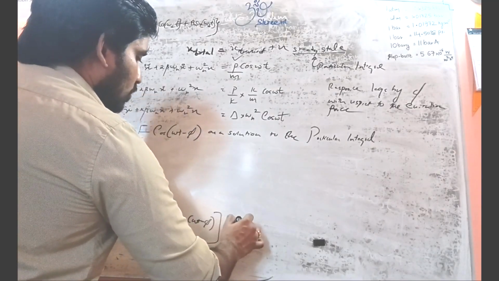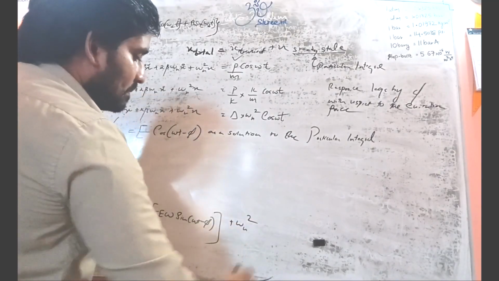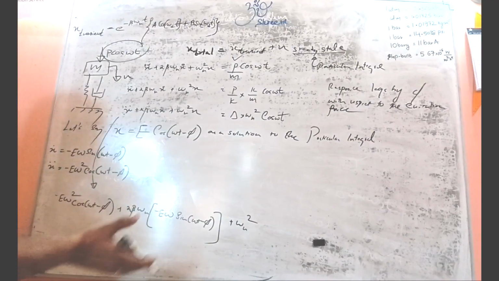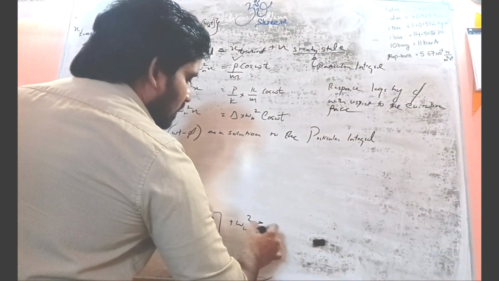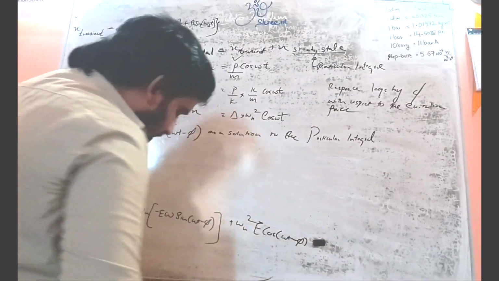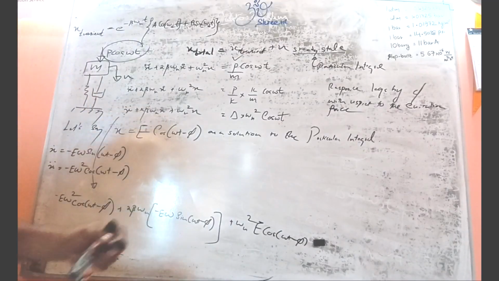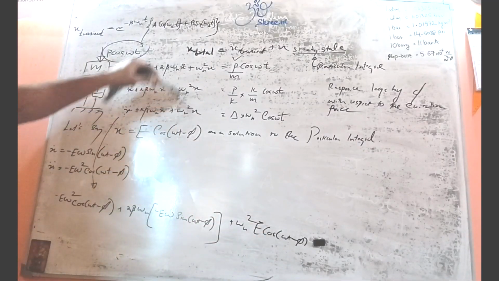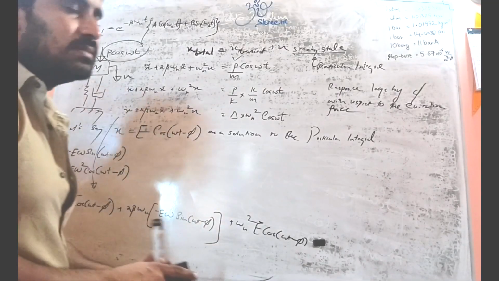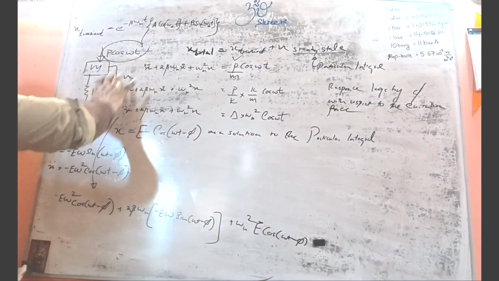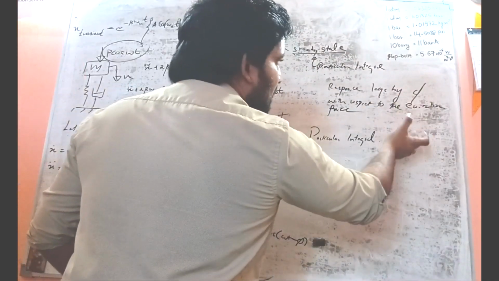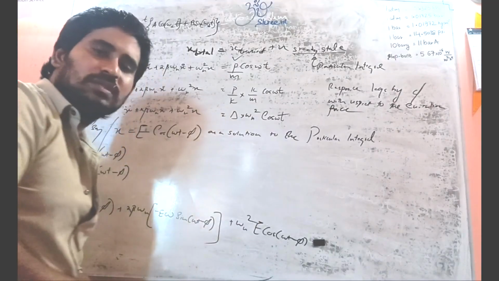Plus omega n squared times this one x, that's how we have defined it, E cos omega t minus phi, right? Sometimes you might have a doubt, why have we considered x to be E cos omega t minus phi, why not plus? Because of this arrangement, we say the response lags by an angle phi with respect to the excitation force. That is the logic, that's why we are doing that, right?